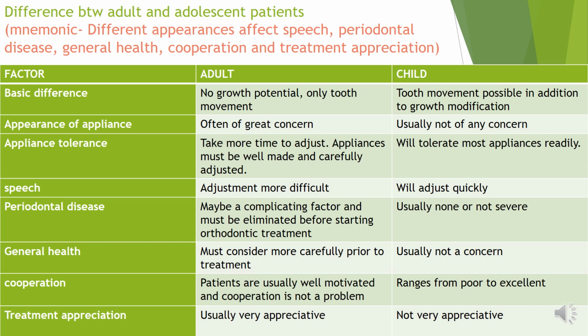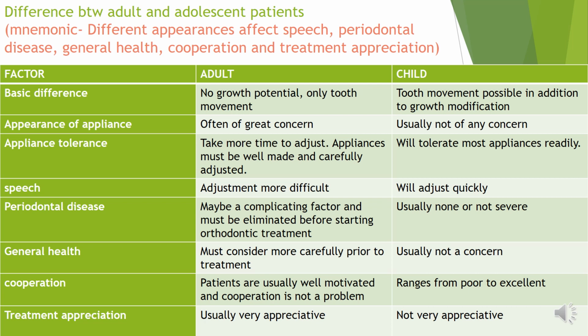Periodontal disease may be a complicating factor and must be eliminated before starting orthodontic treatment. However, in children, usually there is no periodontal disease, and if present, it is not severe. General health must be considered in adults more carefully prior to treatment. However, in children, it is usually not a concern. Patients are usually well motivated, and cooperation is not a problem for adults.